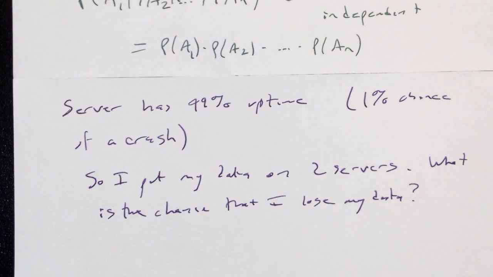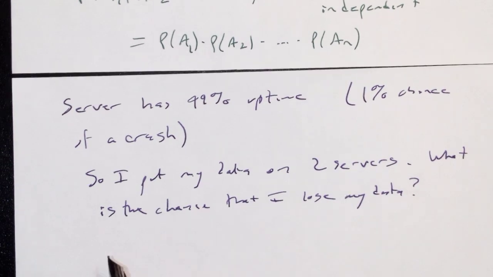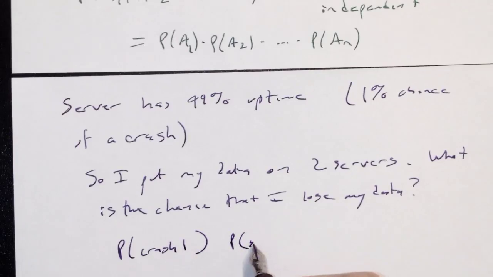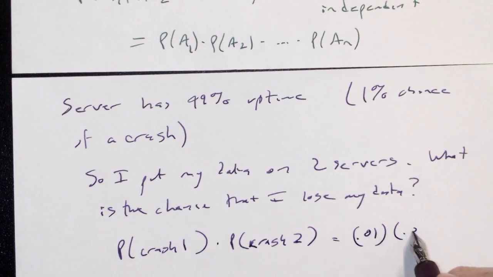Why? Right. So it would be the probability of a crash on server 1 times the probability of a crash on server 2. One out of 10,000. Which means what's the chance your data is fine?